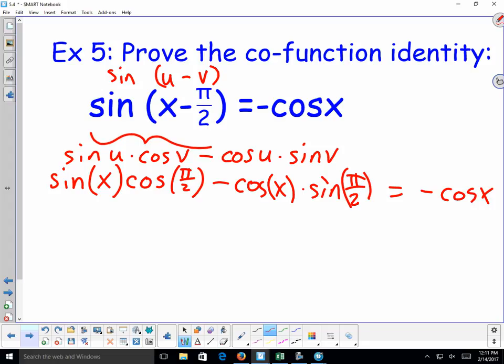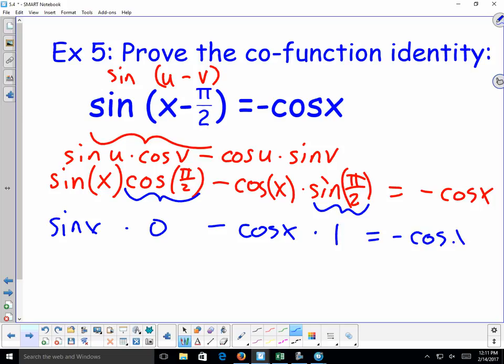So what can we evaluate here? What is the cosine of pi over 2 equal to? 0. So I have now sine x times 0 minus cosine x times, what's the sine of pi over 2? 1. And we're trying to show that that's equal to negative cosine x.